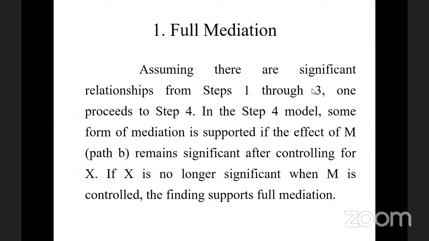Assuming there is a significant relationship from step 1 to 3, one proceeds to step 4. In the step 4 model, some form of mediation is supported if the effect of M remains significant after controlling for X, and if X is no longer significant when M is controlled, the findings support full mediation.